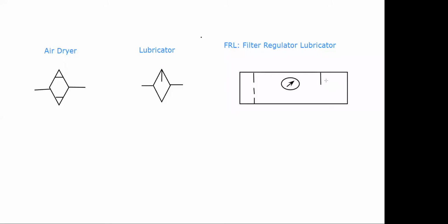So again, another symbol, for the silencer. You know what a silencer is? A silencer is used to make the system quiet. Because while working with a pneumatic system, there is a sound of air flow which is irritating. To eliminate this sound we use the silencer, and the symbol for silencer is like this.